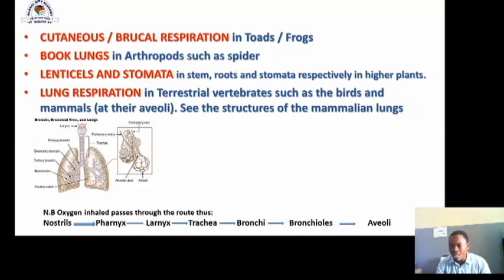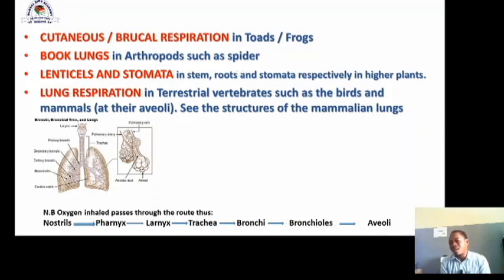Where gases are exchanged by simple diffusion. Now let me take you through the route through which oxygen inhaled passes. As soon as you inhale oxygen through your nostrils from the external environment, it goes to the pharynx, from the pharynx to the larynx, from the larynx to the trachea, from the trachea to the bronchi, the ones that branch to left and right.